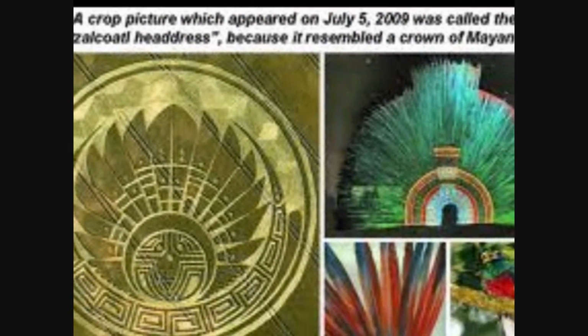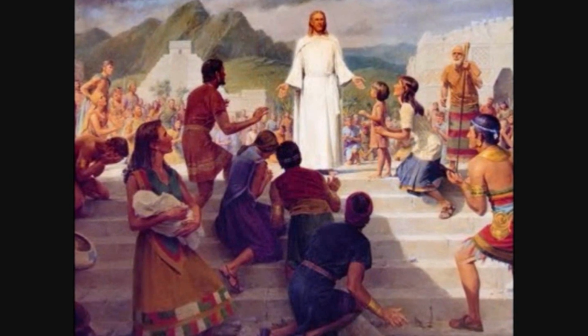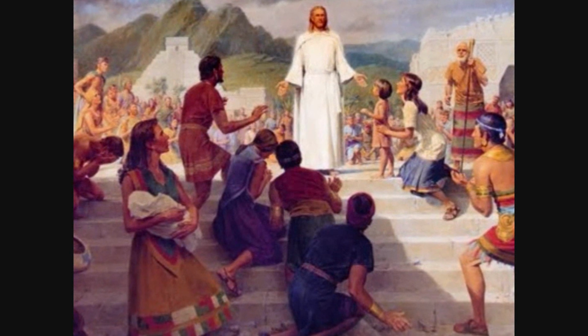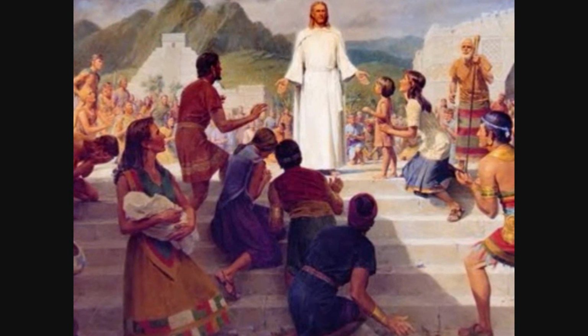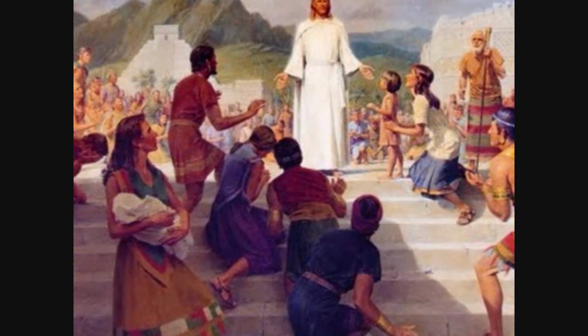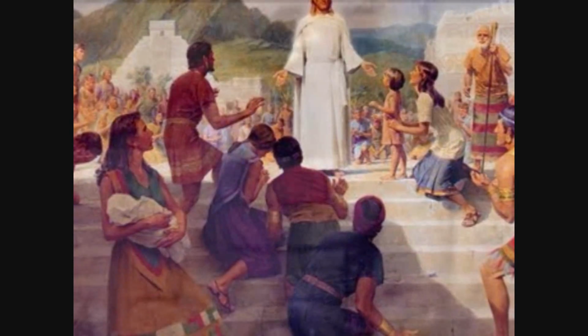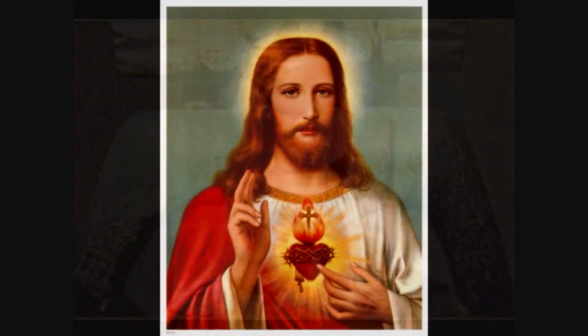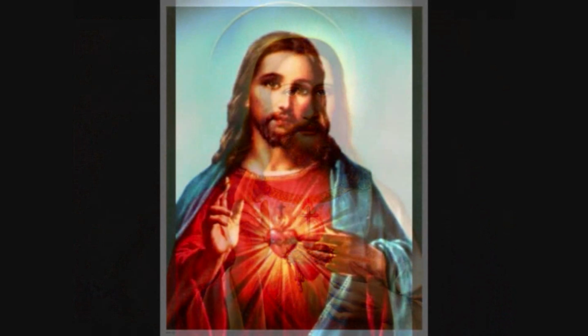The Mayans described Quetzalcoatl as having blue eyes, long hair, a bearded narrow face, tall in stature and Caucasian, like Jesus' image as portrayed by the church. Also, Quetzalcoatl was associated with the Sacred Heart, which can be seen in various pictures of Jesus on his chest.